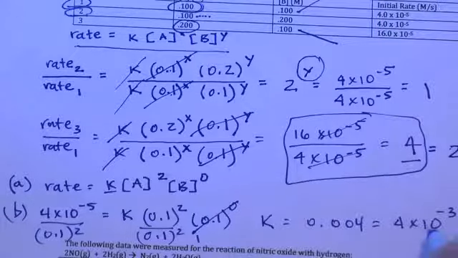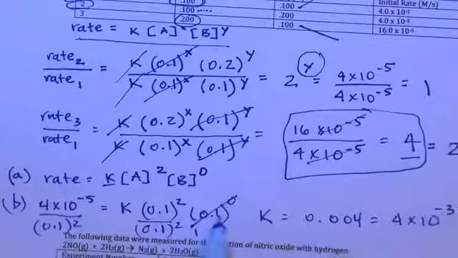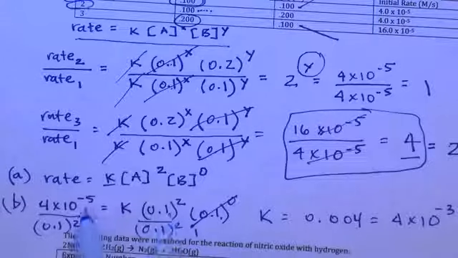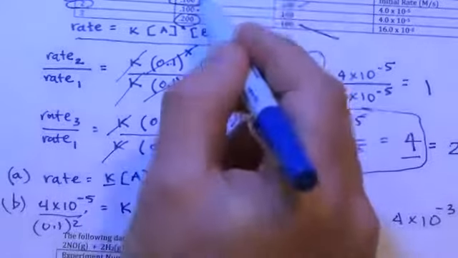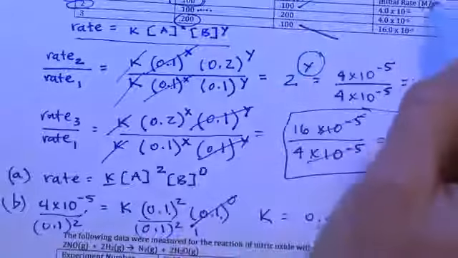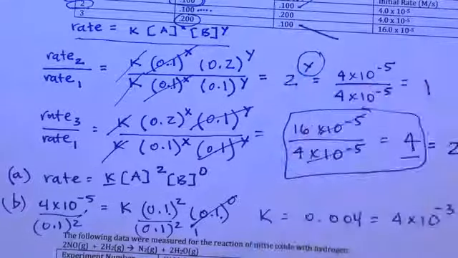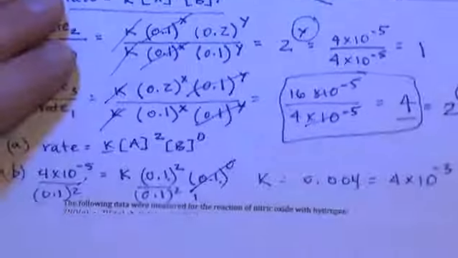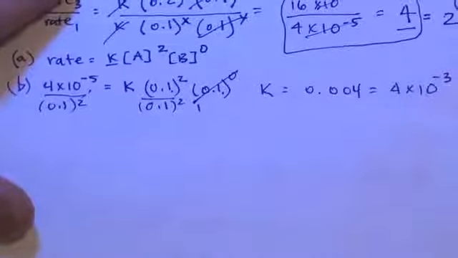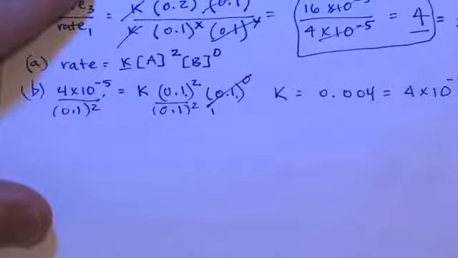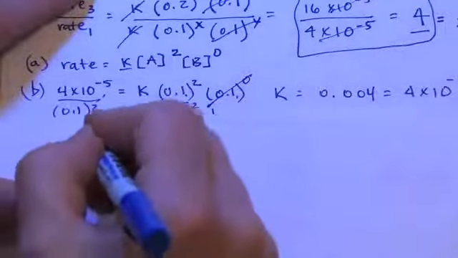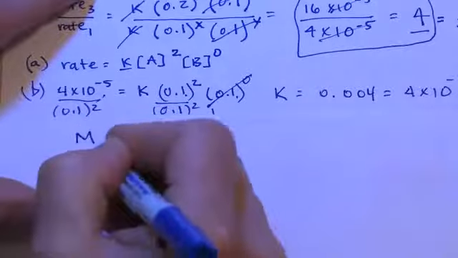That is the magnitude of k. Now to find the units, I should put the values in here for the concentrations, molarity and molarity, and then molarity per second for my initial rates. I'm just going to write it on the back of another piece of paper here, so I've got a little bit more room. Putting the units in now: rate, remember, is measured in molarity per second.